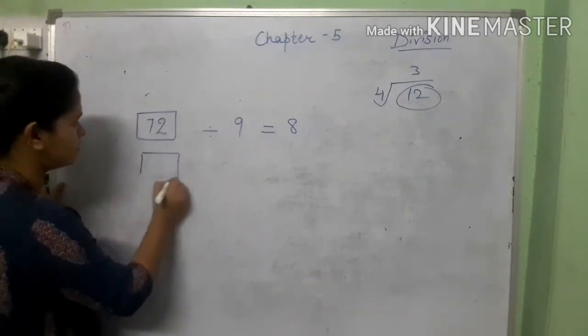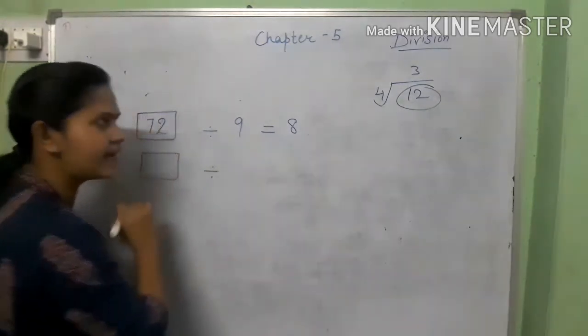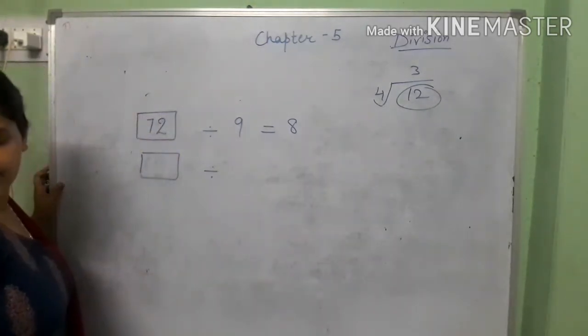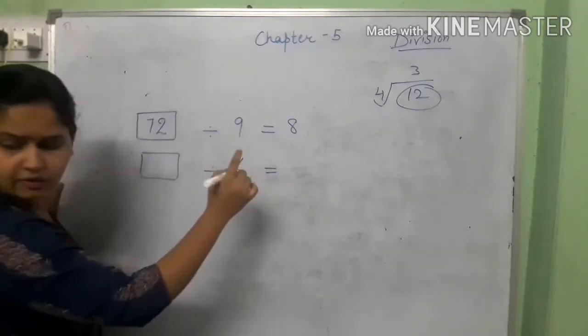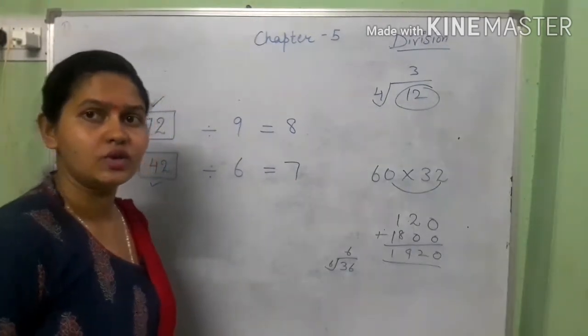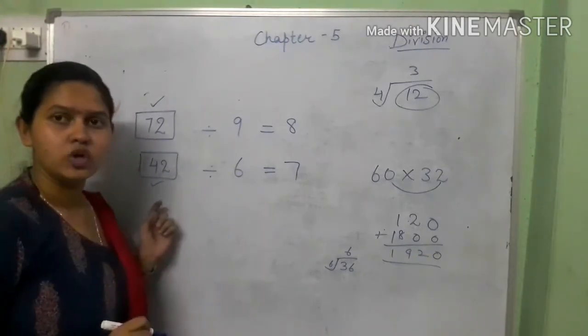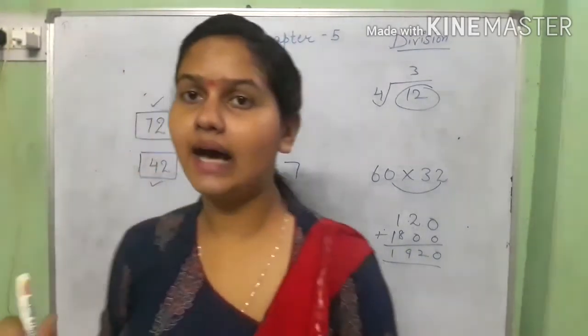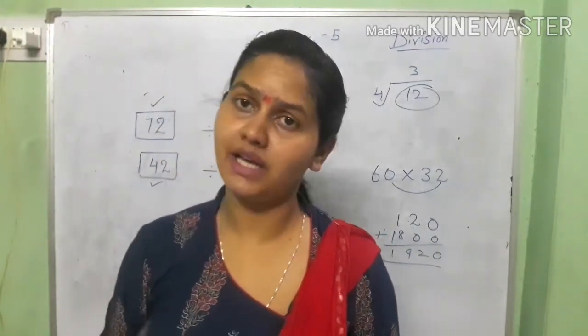We have a box, the division sign, then 6 and equal to 7. So you can see here 6 7s are 42. In this way we find the dividend using the multiplication fact.